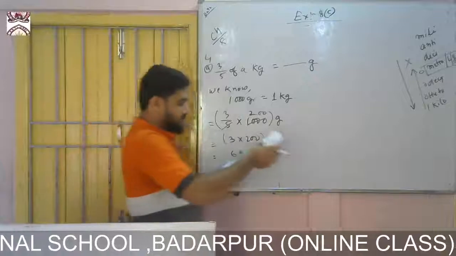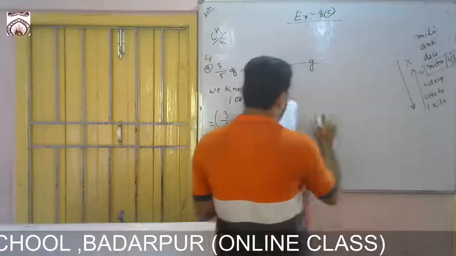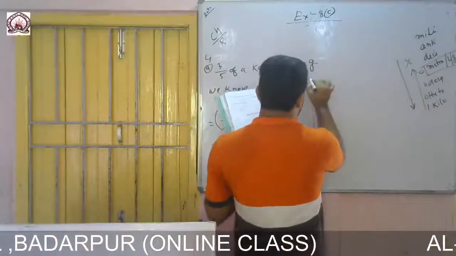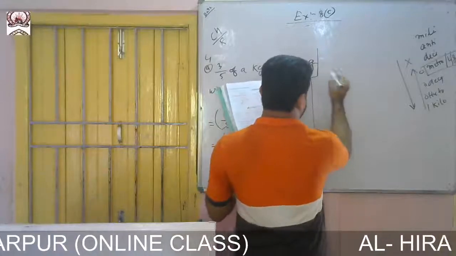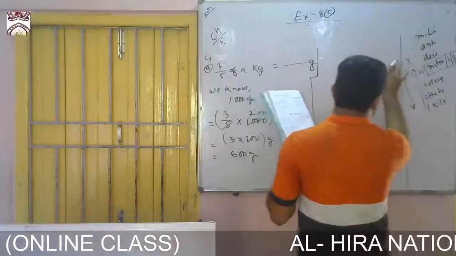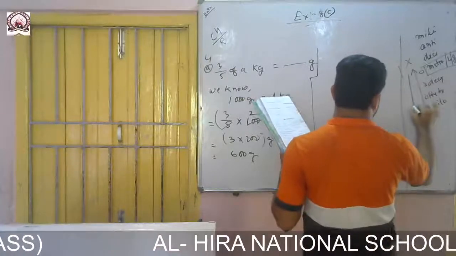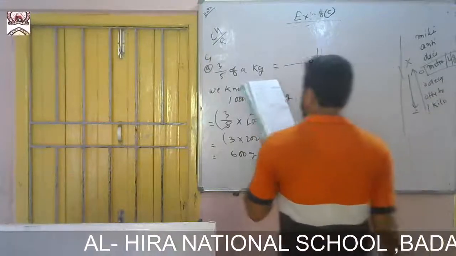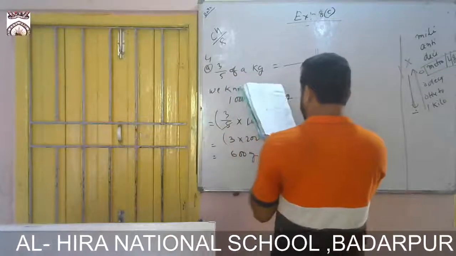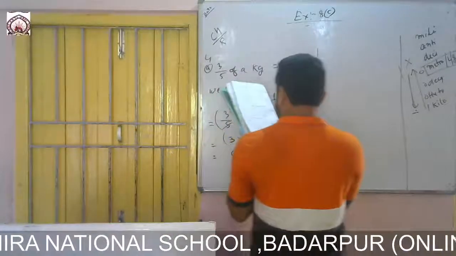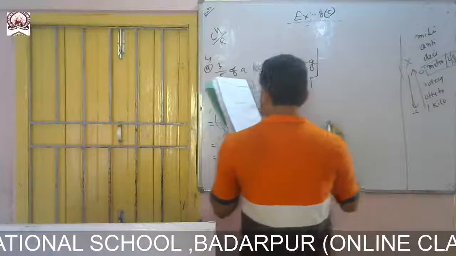Okay, so now come to question number C. So in question number C, what is there? Question number D and C are all the same, I am showing only one.